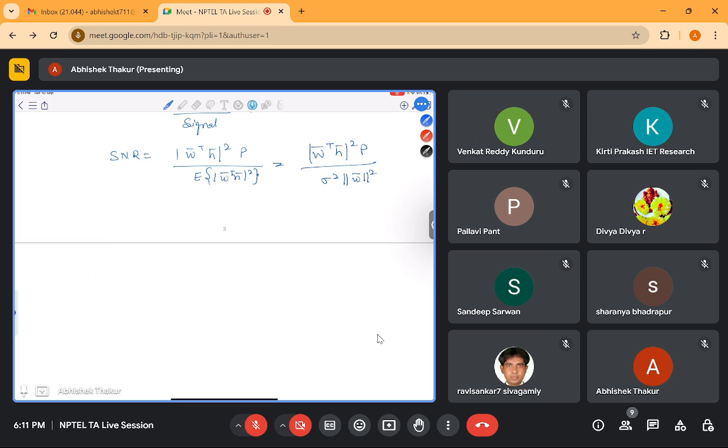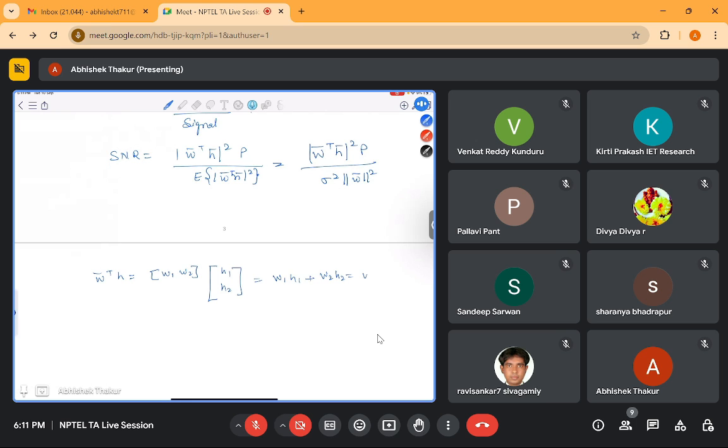This w bar transpose h bar is written as w1 w2, the weight vector, into the channel vector. So we will get w1 h1 plus w2 h2.